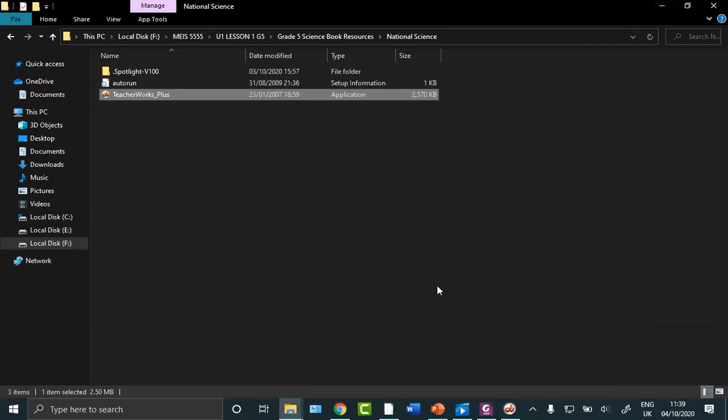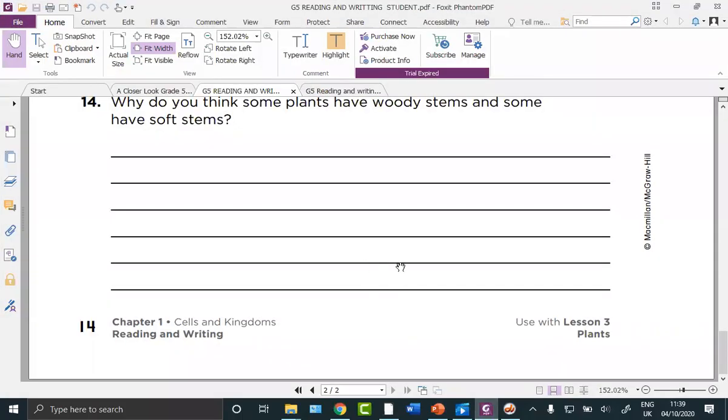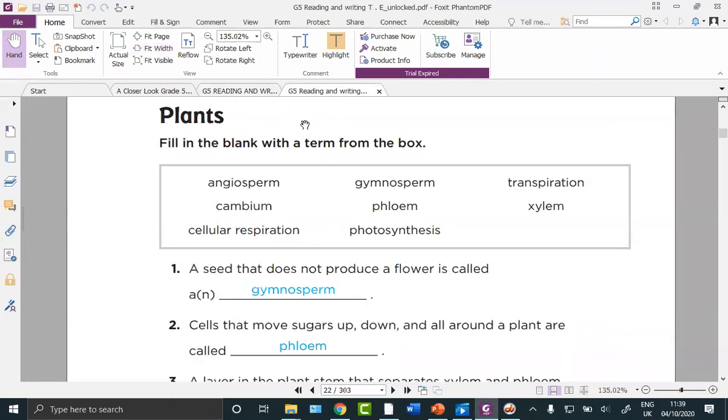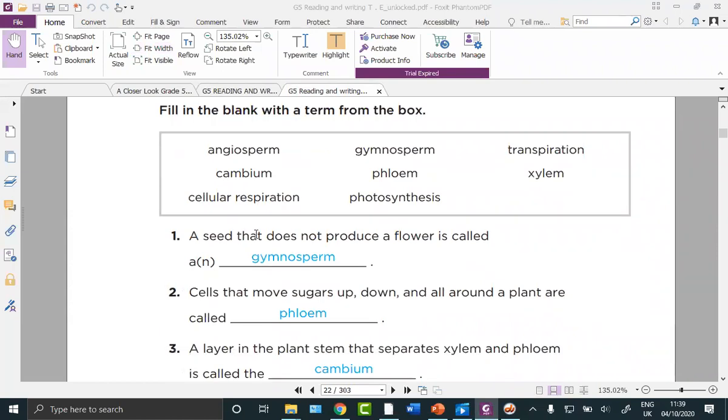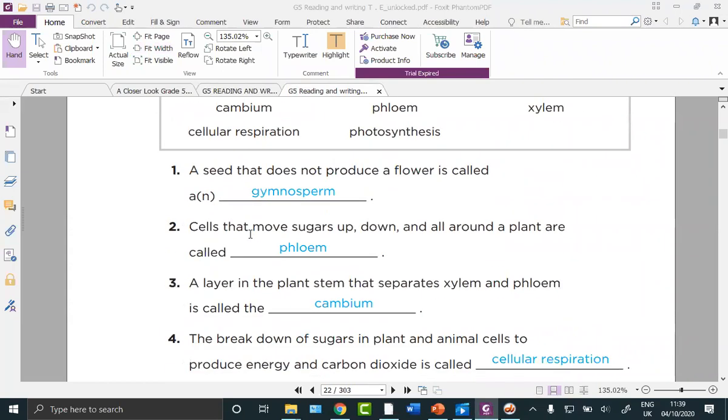The breakdown of sugar in plant and animal cells to release energy and carbon dioxide is called. Check your answer now. Okay. Now, number 5.